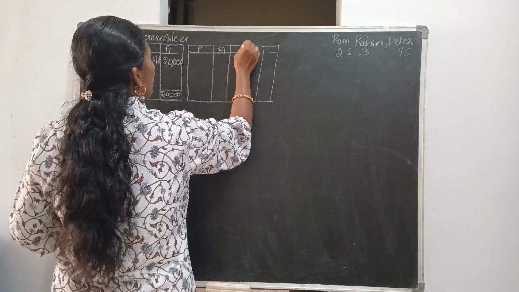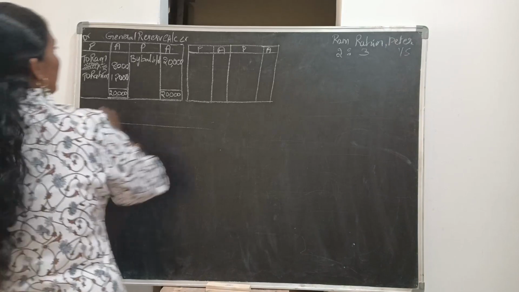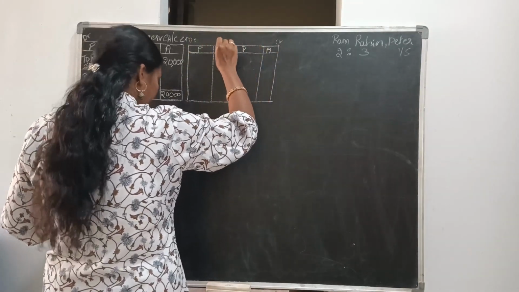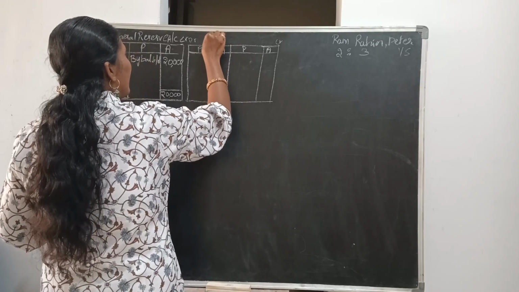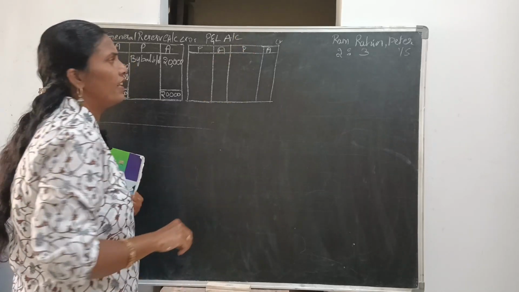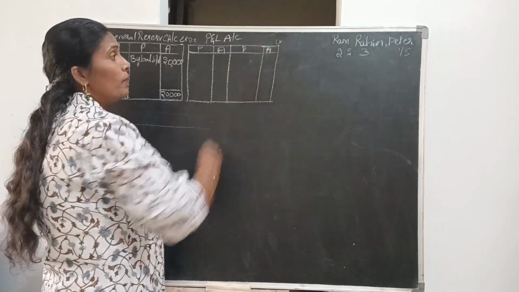Particulars, amount, debit side and credit side. Put the heading profit and loss account. So, what is the journal entry for distributing profit and loss to old partners?